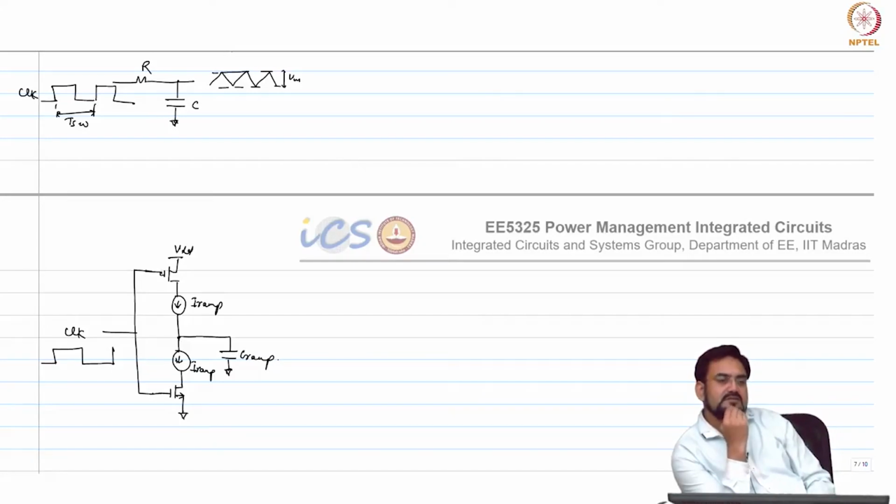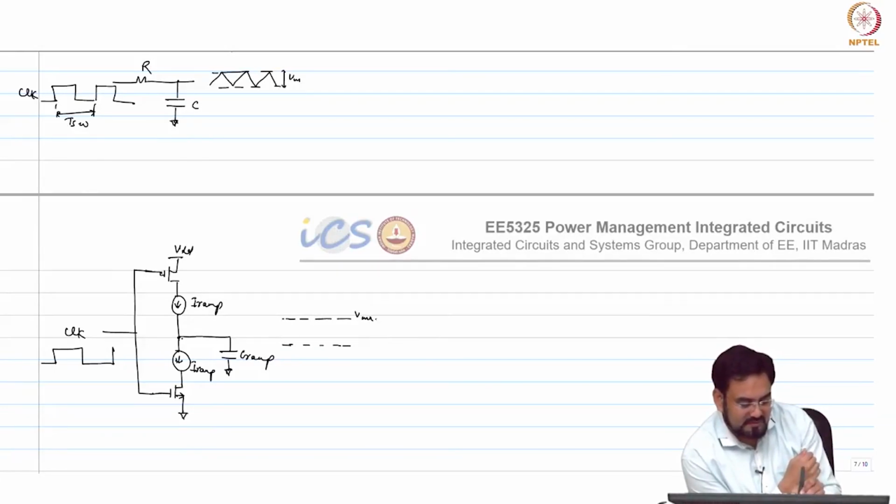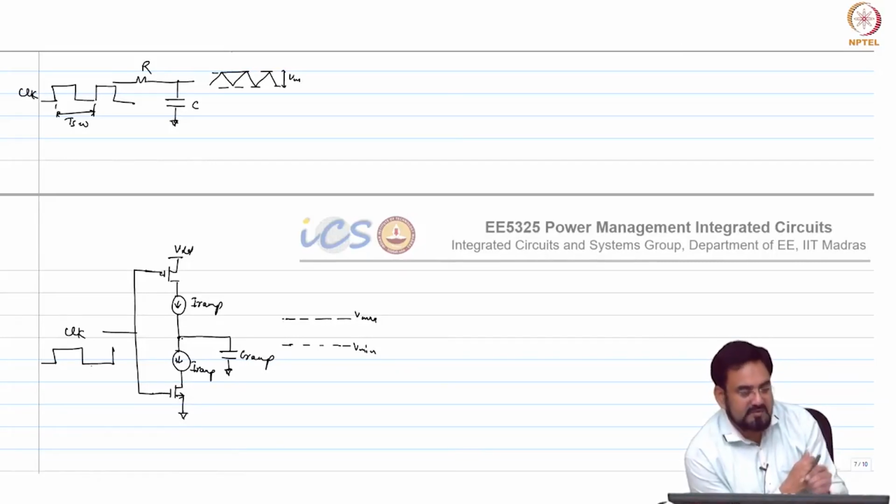So, for example, when the PMOS is on, let us say you have two levels, Vmax, Vmin. So, when it goes to Vmax, your NMOS is turned on, PMOS is off, so it will discharge.